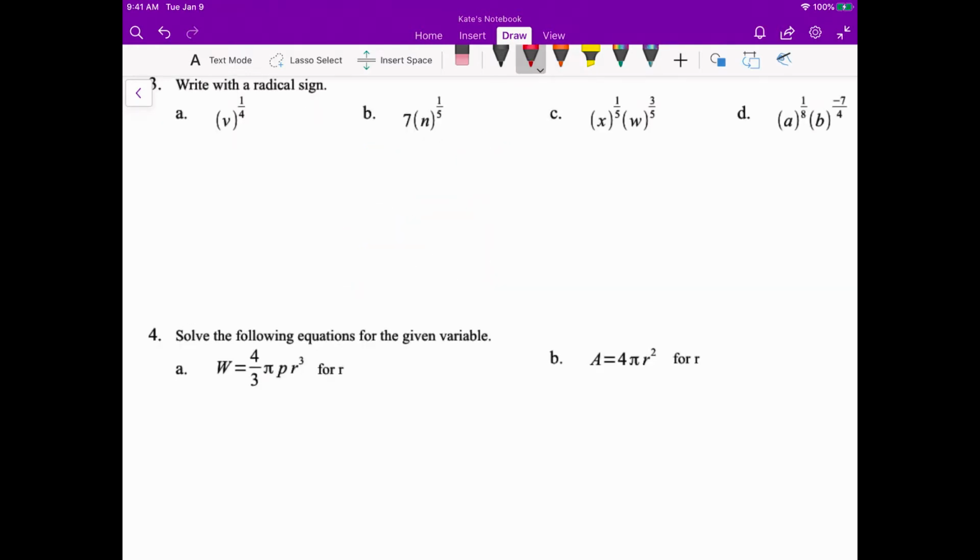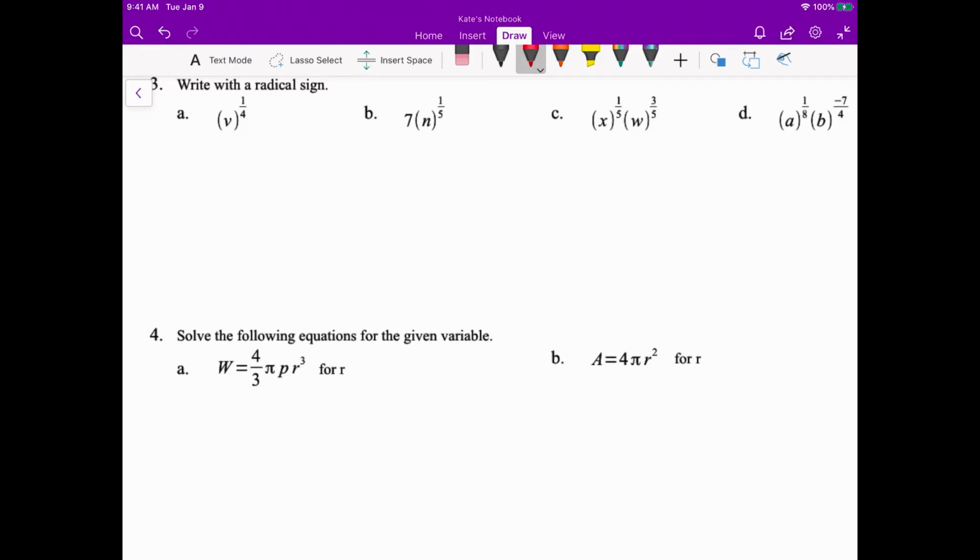Looking at number 3, they want us to rewrite this with a radical sign. Looking at 3c, we have x to the 1/5 times w to the 3/5. Now to write this with a radical sign, we need to know what our root number is going to be. Since these both have a denominator of 5, so we have a common denominator, we're going to use a fifth root.